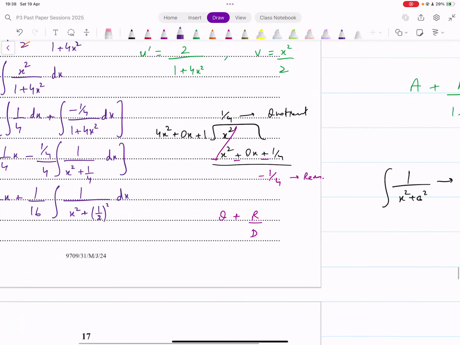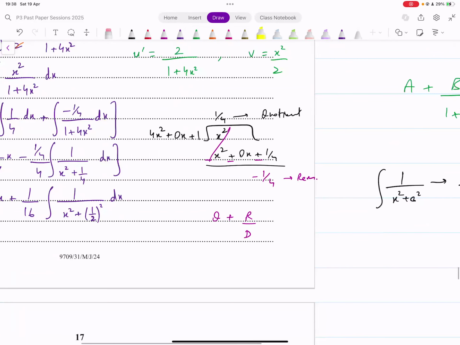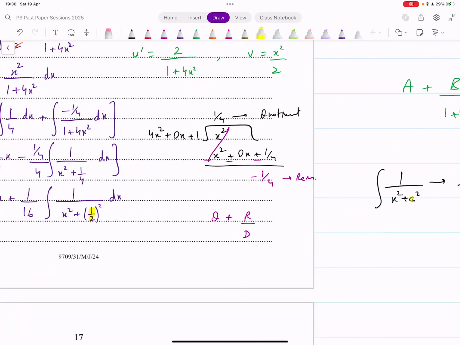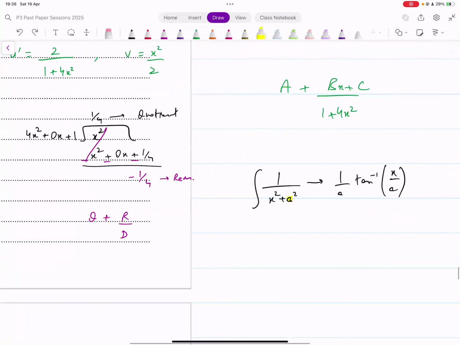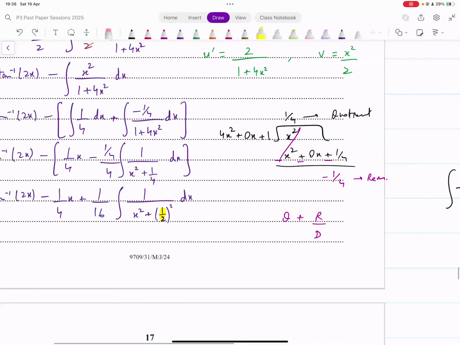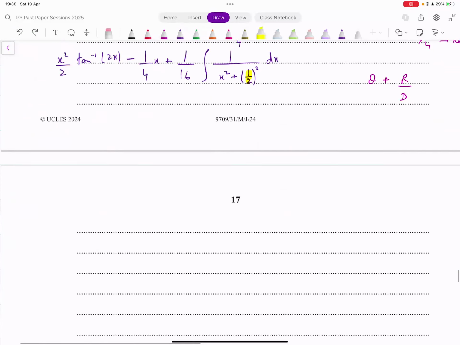And now we can integrate this. In place of a, in that rule, we have 1 over 2. So just apply this rule, input 1 over 2 in place of a here, and that will work. Okay, let's do that.